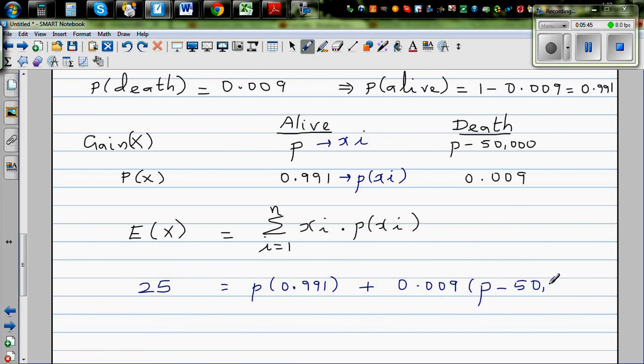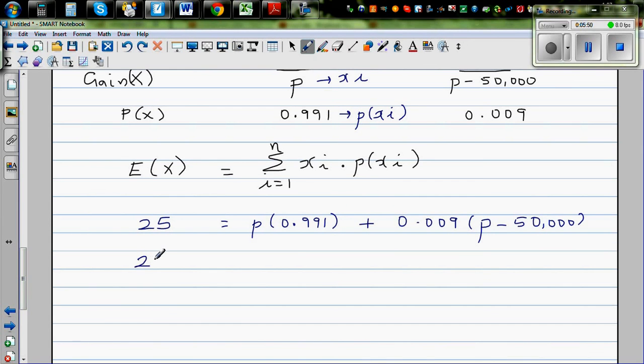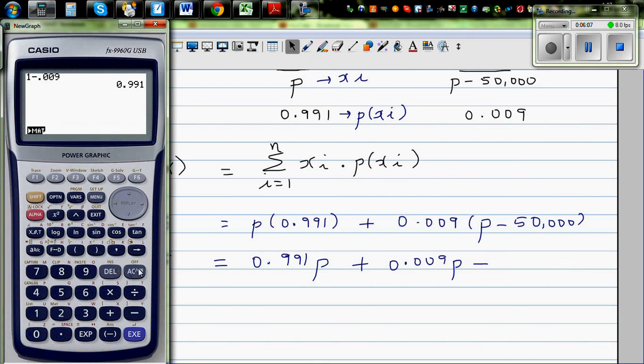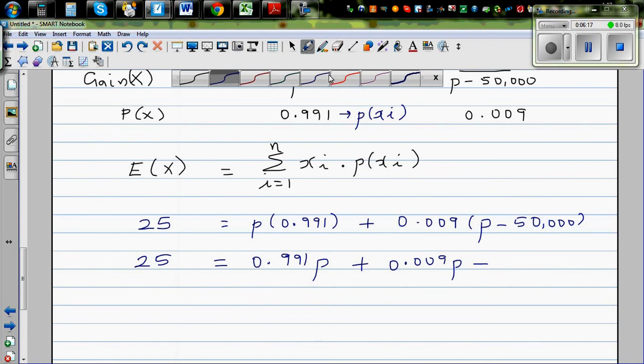Let's do a little algebraic manipulation. Let's expand this bracket. So 25 is 0.991P plus 0.009P minus 50,000 times 0.009, which is 450. So this is minus 450. I just expanded the bracket.